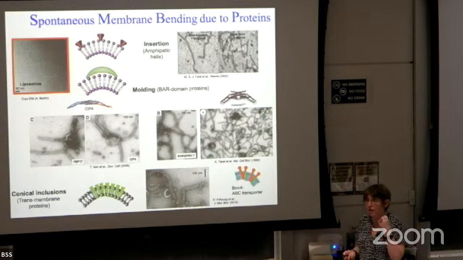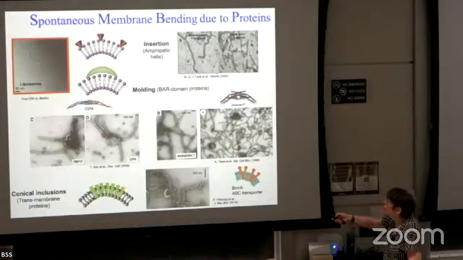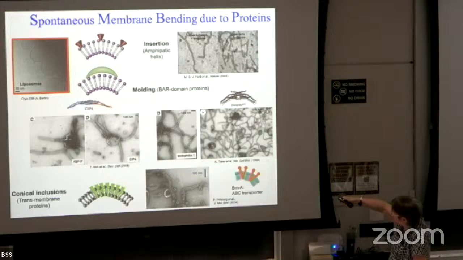These proteins can interact with the membrane in different ways. Some of them can insert between the head groups of the bilayer, and you can see what happens if you have them outside at typically micromolar concentration: you transform these spherical vesicles into tubules.